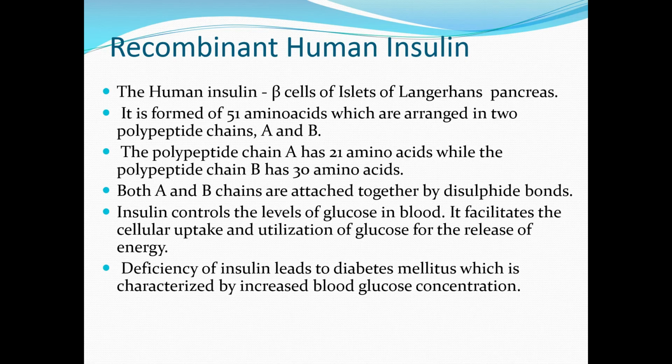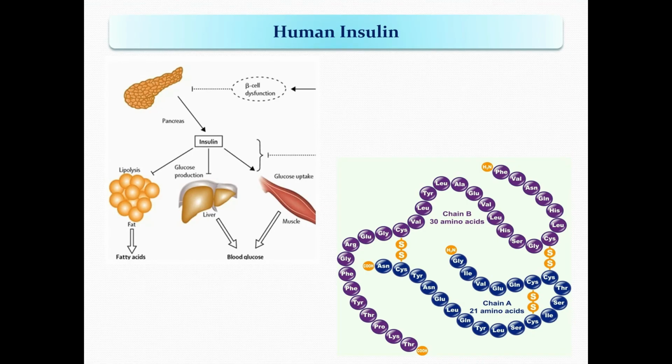There are 51 amino acids arranged in two polypeptide chains in each insulin molecule. These chains are named A and B. Chain A has 21 amino acids while B has 30 amino acids. Both chains are attached together by disulfide bonds.